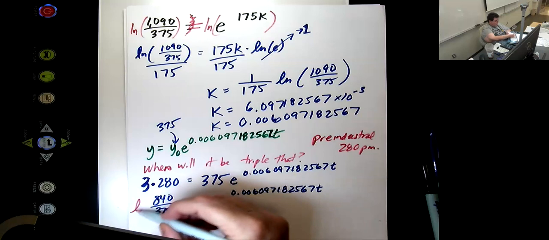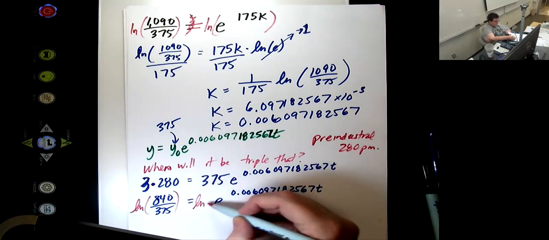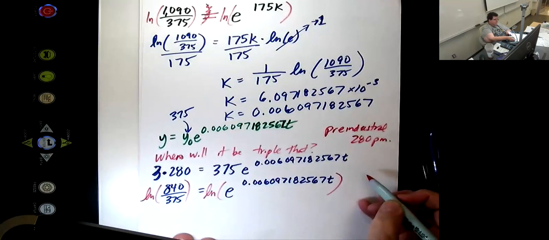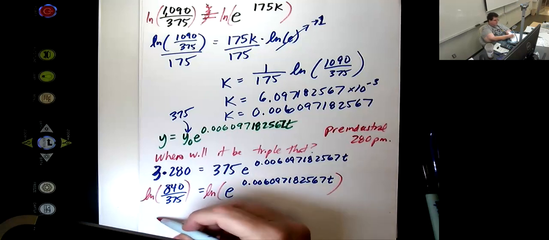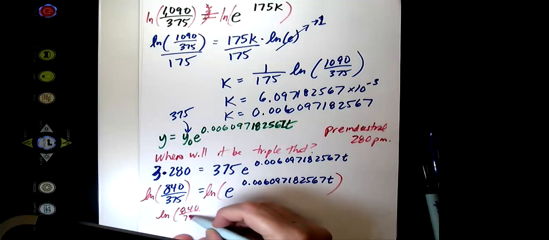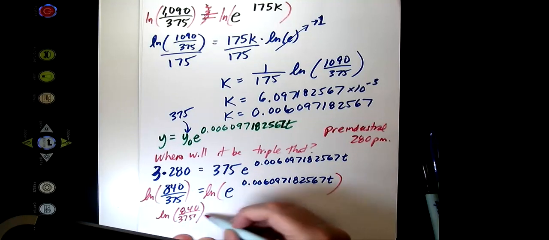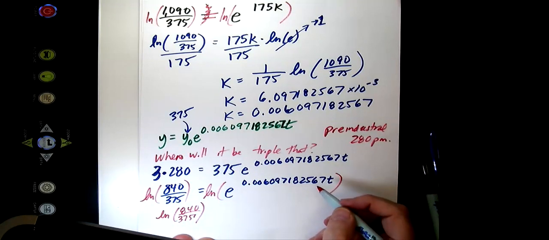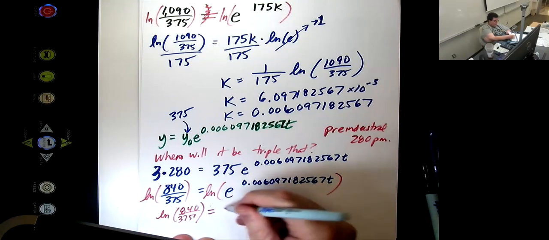So we'll take the natural log of both sides. All right, writing that. I'm going to put kt.